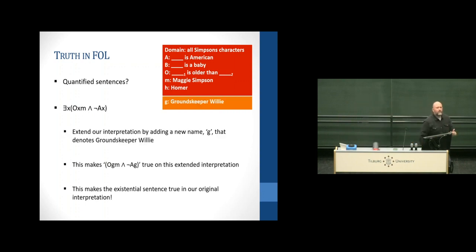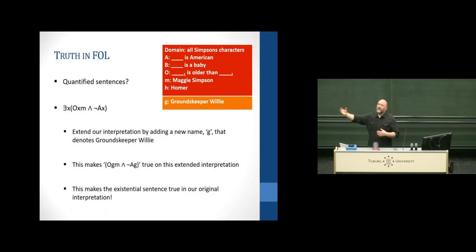And our second one, remember, our second one here says, hey, there's something that's older than Maggie and isn't American. The example I gave was Groundskeeper Willie. So, cool. We know he's in the domain. We also know we don't have a name for him in our initial interpretation. So we can extend it by introducing a name that picks him out.